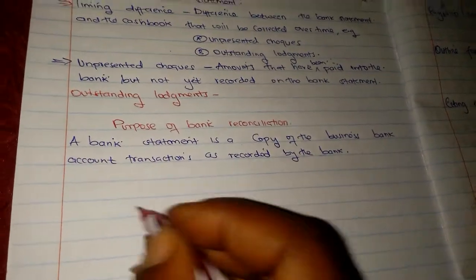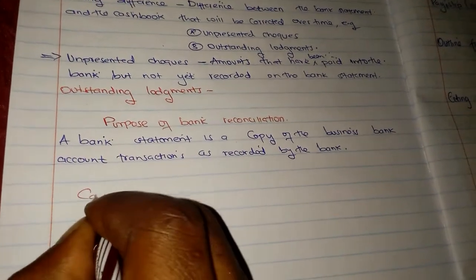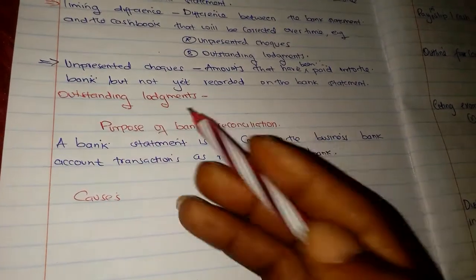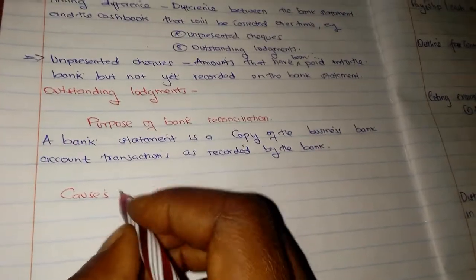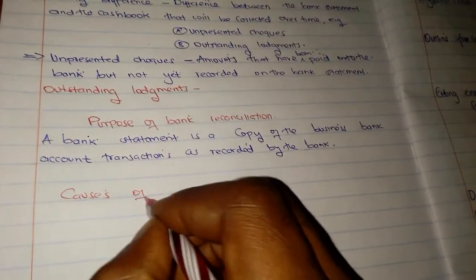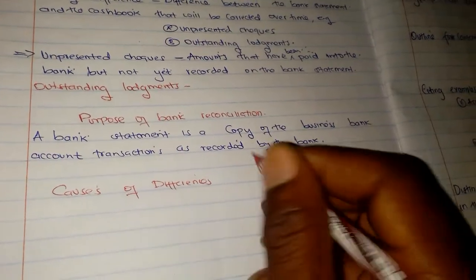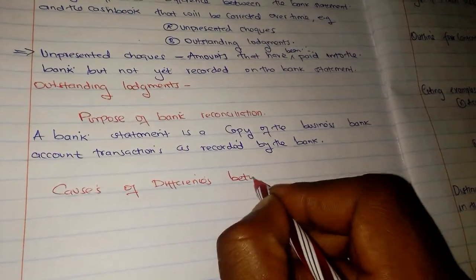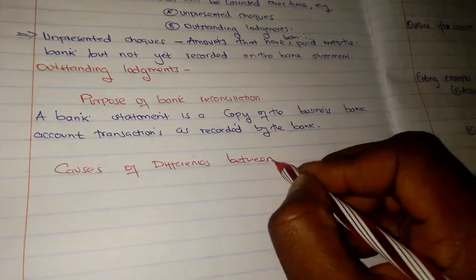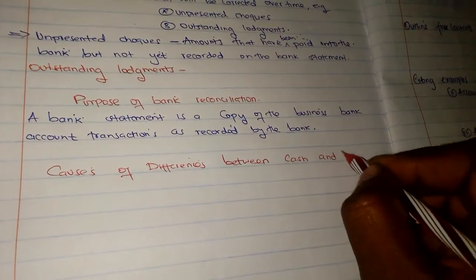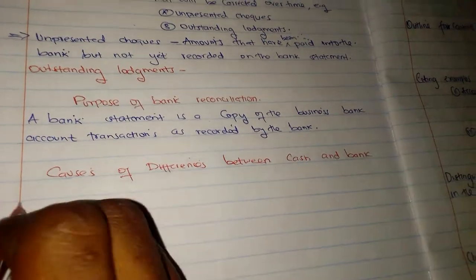Then the next part, you're going to check causes. Make sure you research the purpose of the bank reconciliation after I've explained that. So, causes of differences between cash and bank balance.